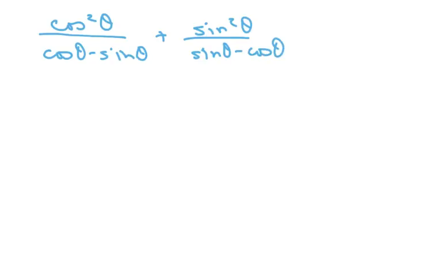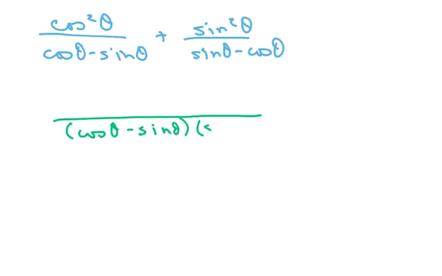Okay? Now, I'm going to write this all over one common denominator and cross again. And I get cosine of theta minus sine of theta times sine of theta minus cosine of theta. All right?